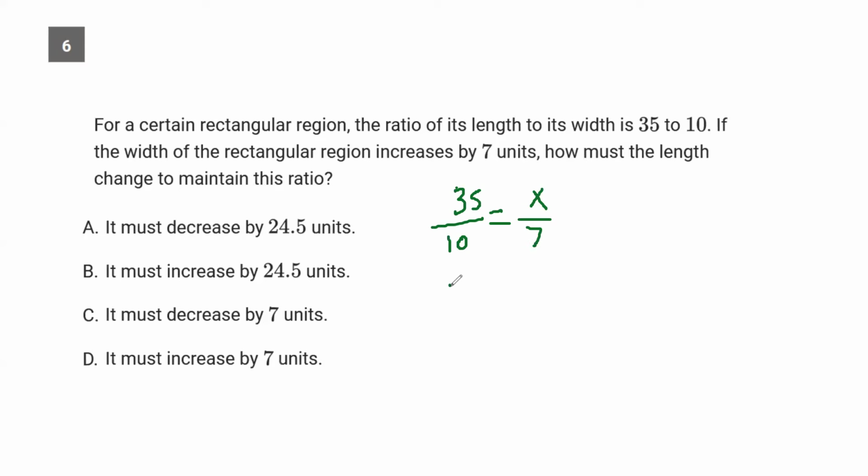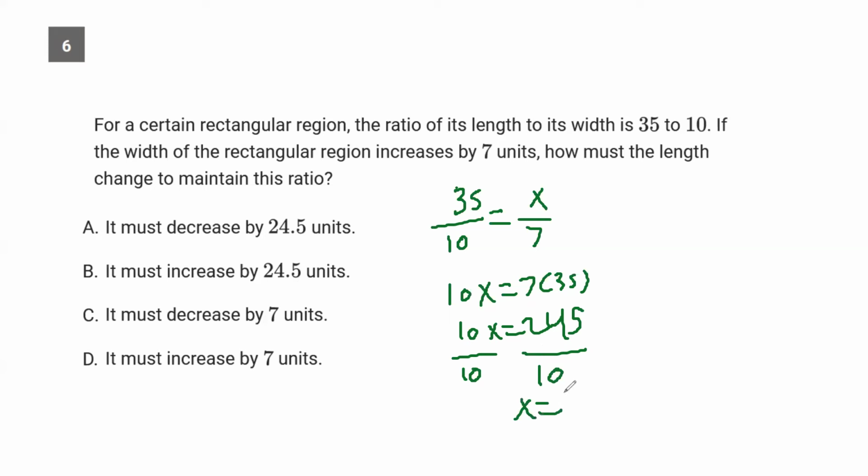So we're going to get 10X equals 7 times 35. 10X equals 245. We divide by 10. Divide by 10.